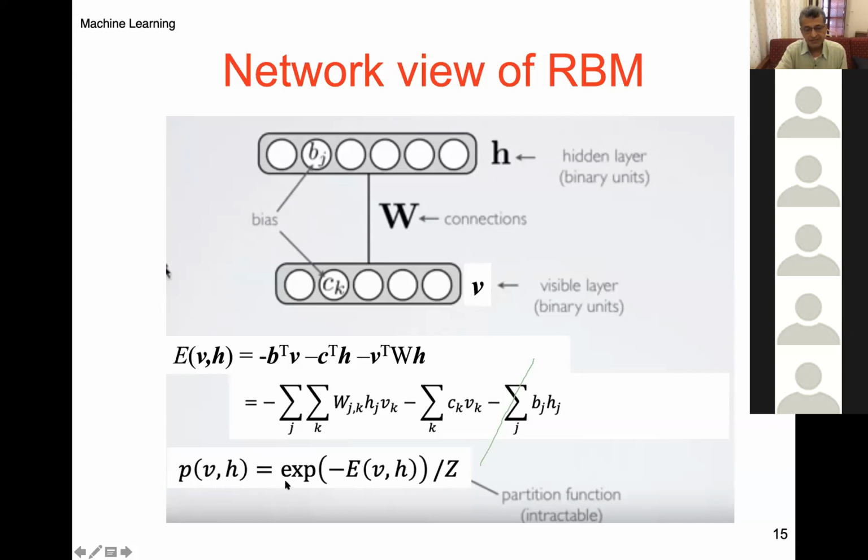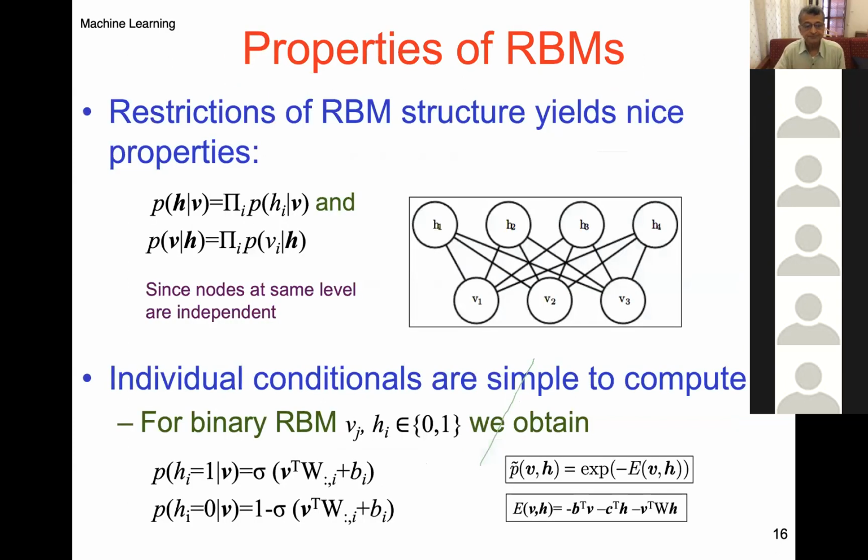So we said P(V,H) is the exponential of minus E(V,H) divided by Z. So this is saying that the network actually is able to define a probability distribution between the V and H. So for this set of inputs and this set of H values, we have a joint distribution P(V,H). If we wanted only the probability associated with V, we need to just marginalize out the H, and that will give us a marginal distribution.